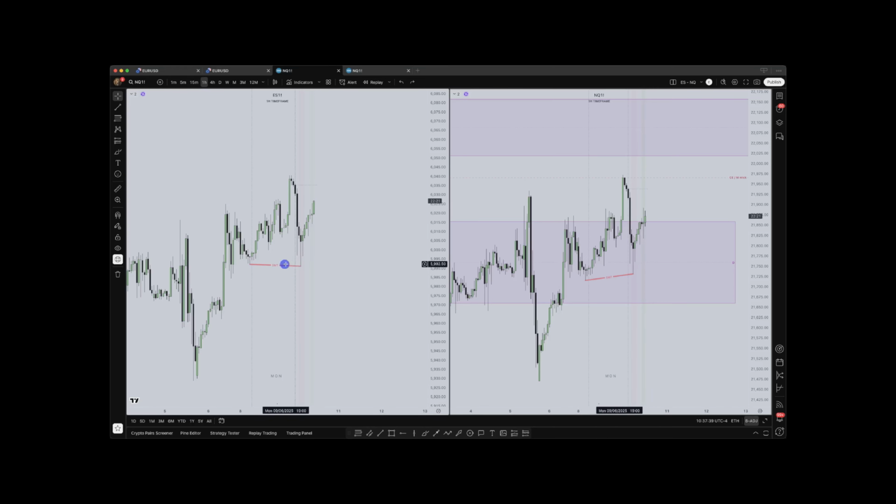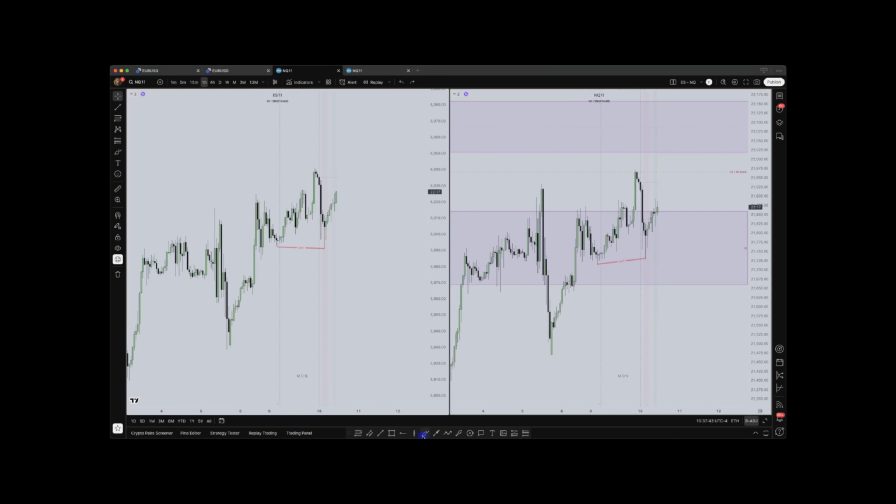The idea behind it is that Nasdaq is showing no interest to continue to the downside, to the sell side. So we can treat this like a manipulation, just grabbing liquidity in this low. See, and then the true movement happens.